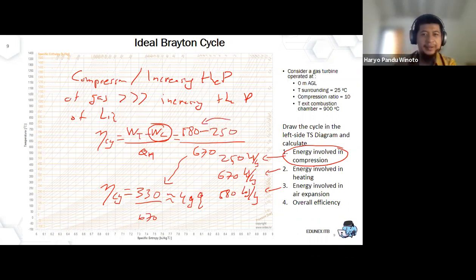Almost 50% compared to its expansion. The work of compression really takes a lot of energy.